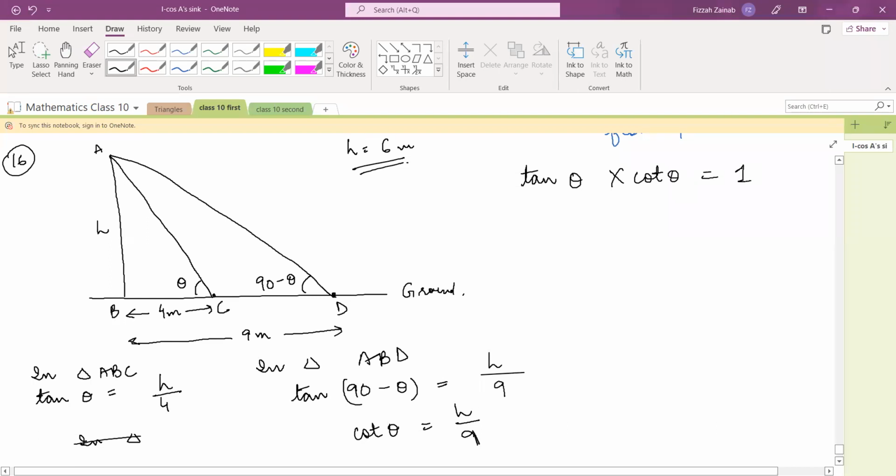Because they are reciprocal of each other, inverse of each other, isn't it? So you put the value. So h by 4 into h upon 9 has to be 1, right? Now what would I have done?